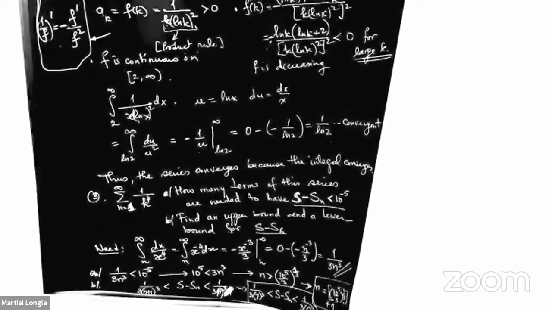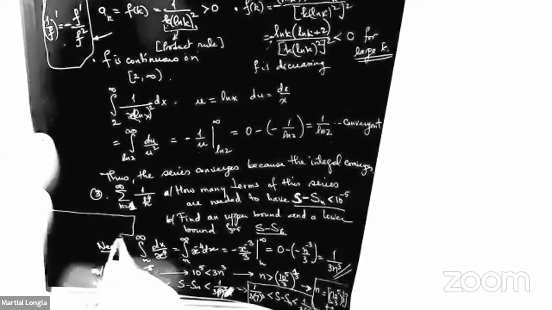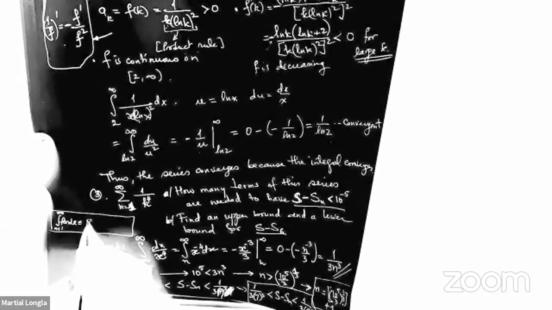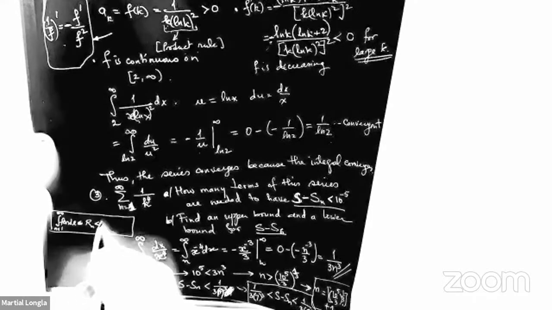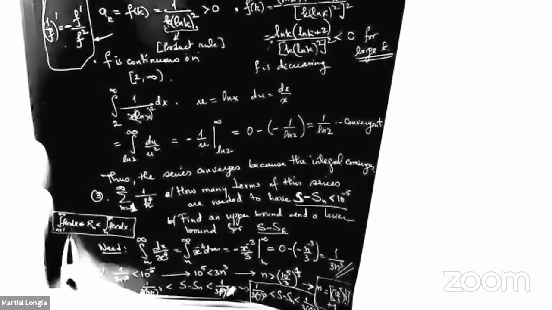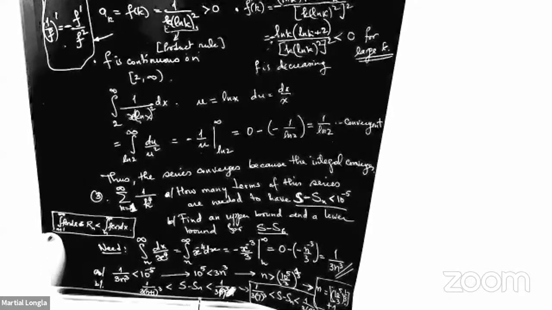And this comes from what we had in a lecture, that the integral from n plus 1 to infinity of f of x dx is less than Rn, less than the integral from n to infinity of f of x dx. We had a few exercises on that. So this is what is being used in that question.